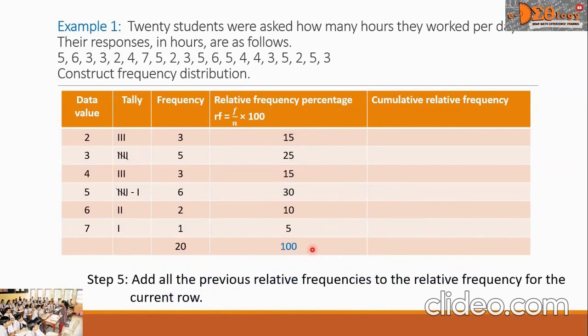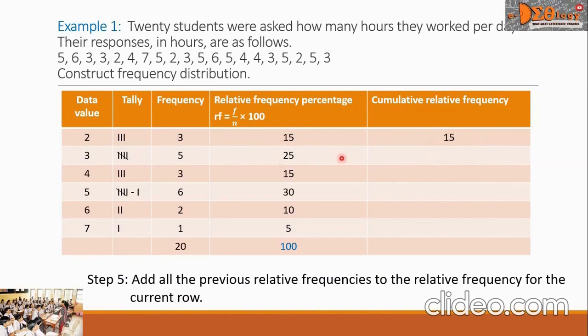Now, for step 5, add all the previous relative frequencies to the relative frequency for the current row. Okay, let us begin with the first row. This number 15 we will copy here, and for the next value we will add this 15 with this 25.